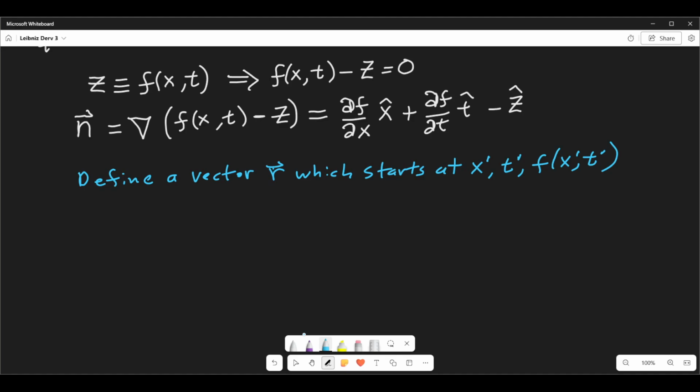For a plane, by definition, the vector R dot n hat is going to equal 0 only if the x, t, and z of R lie in the plane.